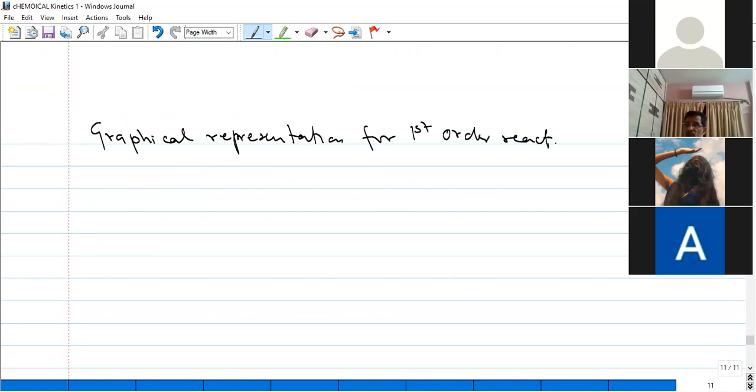And how we can show first order reaction graphically. There are three ways we can show the graph for the first order reaction. In three ways we can express the first order reaction graphically.